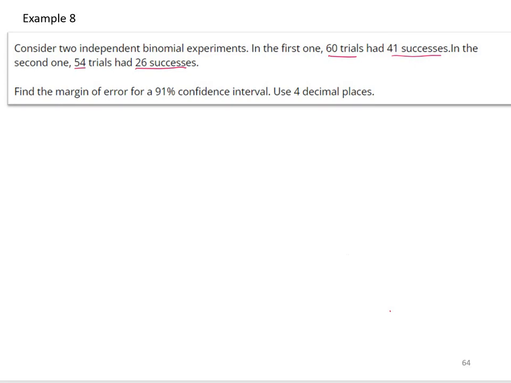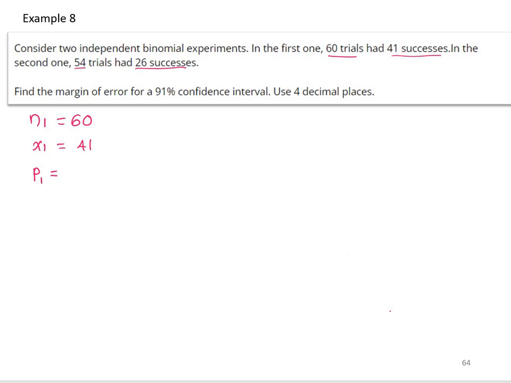For the first experiment, the total number is N1, which is 60, and the number of successes is 41. Let us take it as X1, equal to 41. We can find the probability of success, denoted P1.